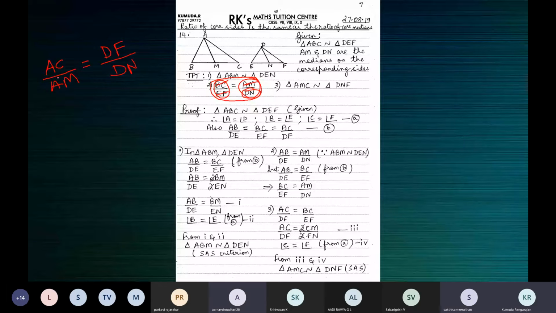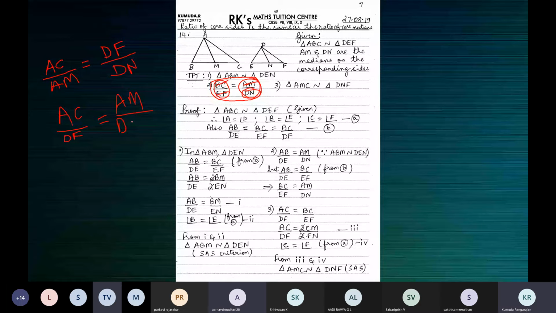So the correct one should be AC by DF is equal to AM by DN. It should be AC by DF is equal to AM by DN. This is correct, is it? Yes, ma'am.